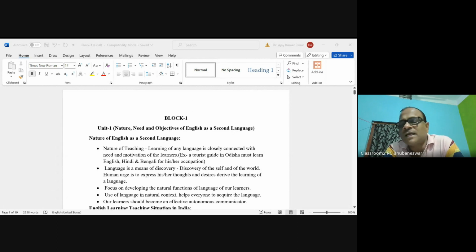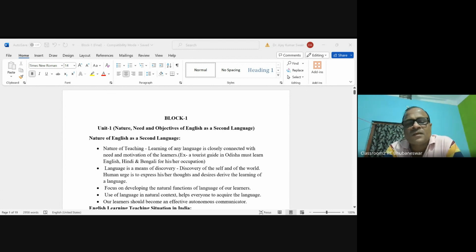So now Suryakanta presented some examples like cycle. There is no term except English for cycle, or any parts of a cycle: pedal, carrier, rim, tire, seat, bell, brake. At home, fan is there, TV is there, glass is there. So a common man having no formal education also uses all these items' names in English.